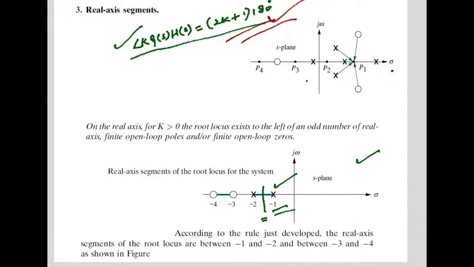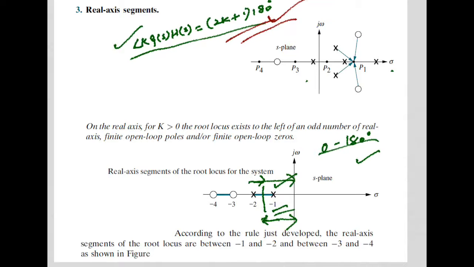The angle on the real axis alternates between 0 and 180 degrees. We have seen that we get the angle as 0 in this case, and for this case we get the angle as 180 degrees. So the angle on the real axis alternates between 0 and 180 degrees.